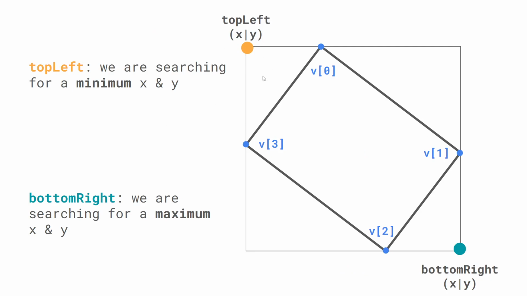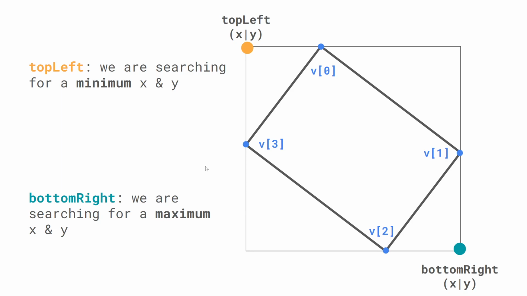And we do this by searching for the minimum values for the top left, and we are searching for the maximum values for the bottom right. Also, it depends on which coordinate system you're using. In our case, the y value will increase when you go from the top to the bottom. Here on the bottom, the y value is really large, and at the very top, it's zero.